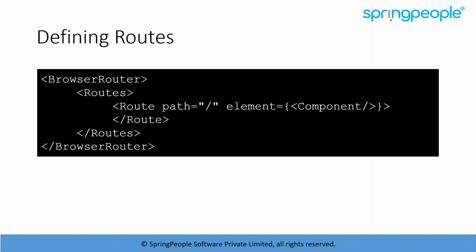Whenever we are going to work with defining routes in case of React, we use one of the classes that we have, for want of a better word, called a browser router. Now here we are talking only about client-side routing, which means I'm going to be talking about only web applications here, no mobile applications.